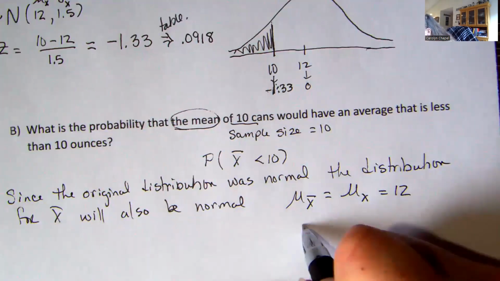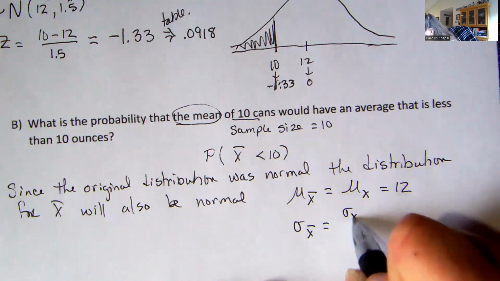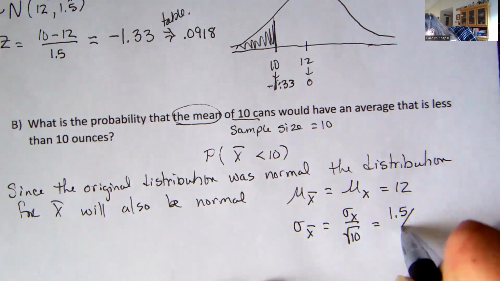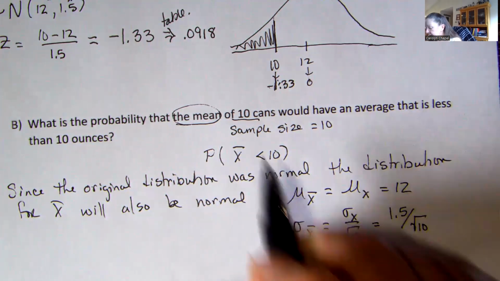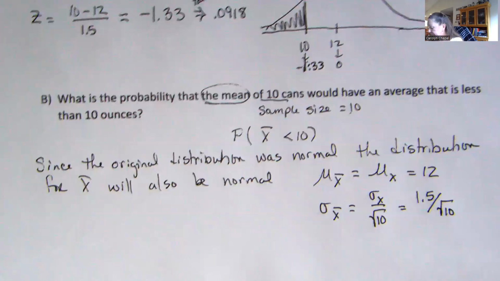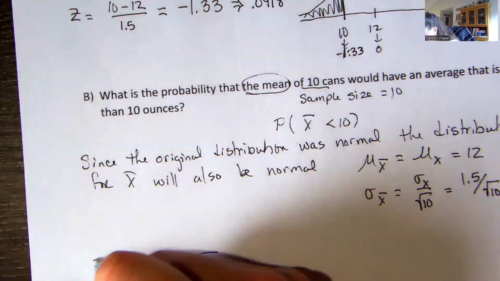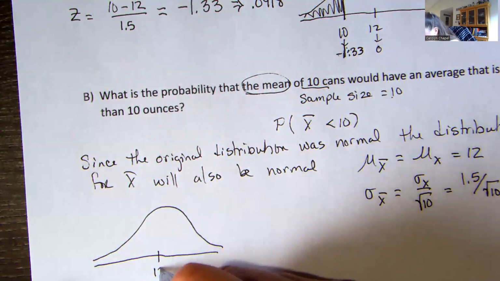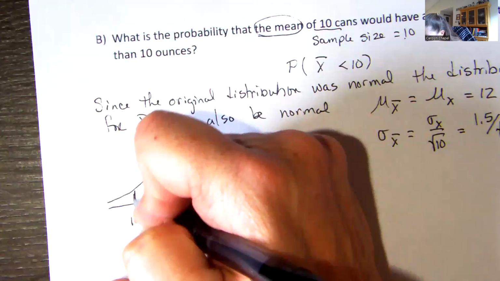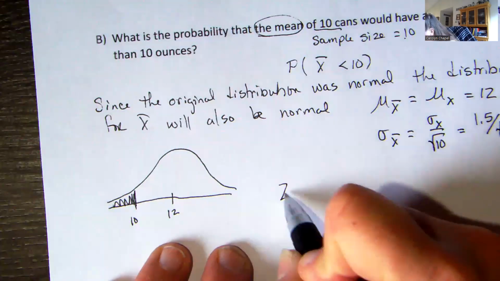Okay, but the standard deviation for x bar is the standard deviation for x divided by the square root of 10. So we will have 1.5 over the square root of n, n being our sample size. Not the 10 that's here, but the sample size. All right, so drawing my picture. There's my 12. There's my 10. We want to go smaller than 10. So again, we are going to find my z.